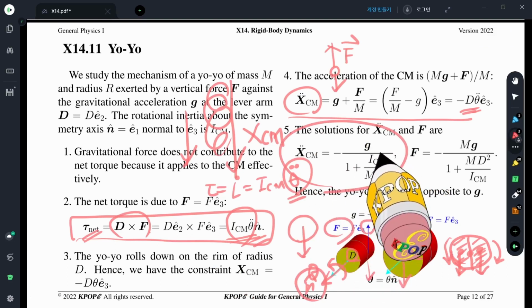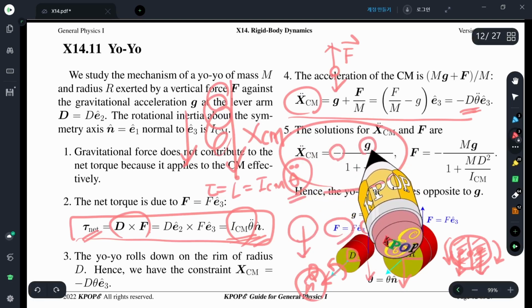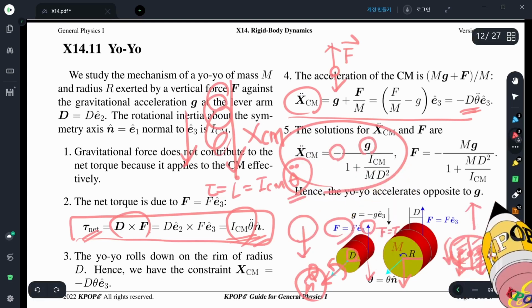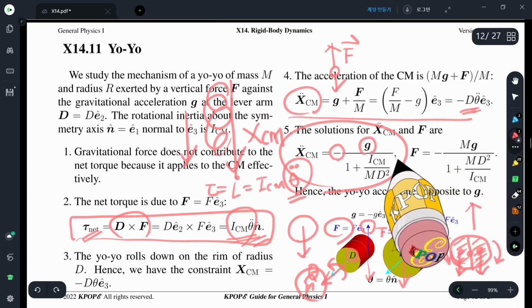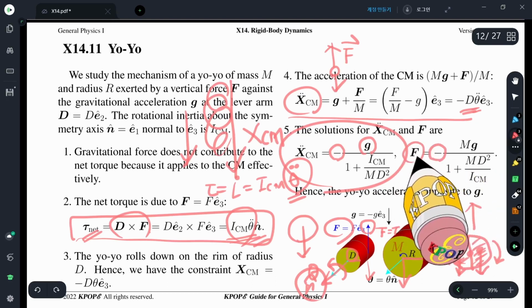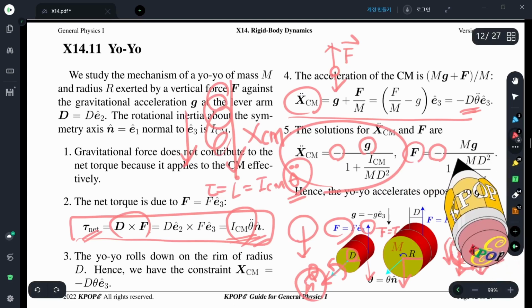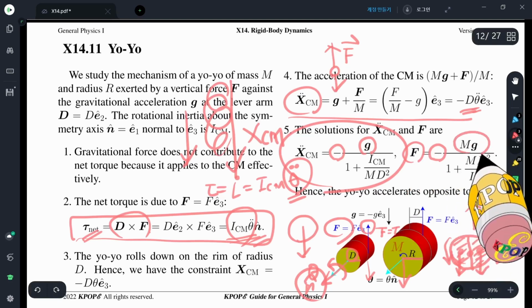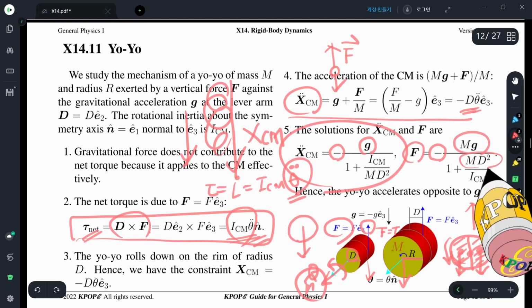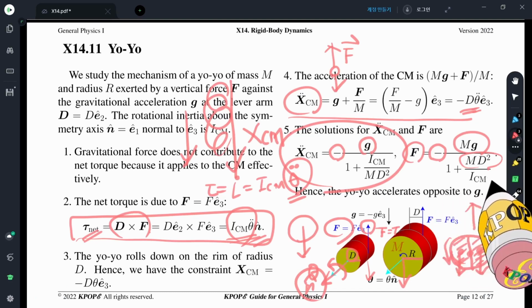If you look at the acceleration, it is proportional to minus g. That is opposite the gravitational acceleration. In addition, we have negative sign on it. That is, the tension is opposite to the gravitational force. We find that this is the weight, and this is positive definite. So the denominator is greater than 1.